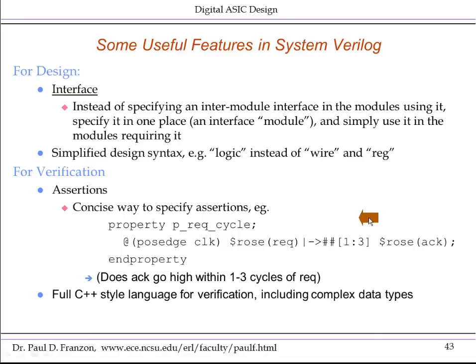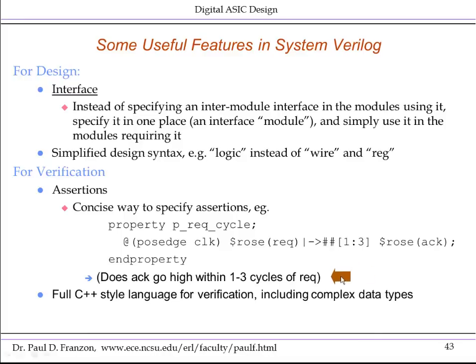Here's a simple example. There's this thing called property, which basically precedes the idea of specifying an assertion. This property also tells Synopsys not to synthesize it. The idea is at a rising edge of the clock, if request rises, then what we want to see is within 1 to 3 clock cycles, that's what this is saying, the hash means clock cycles, that acknowledge rises.